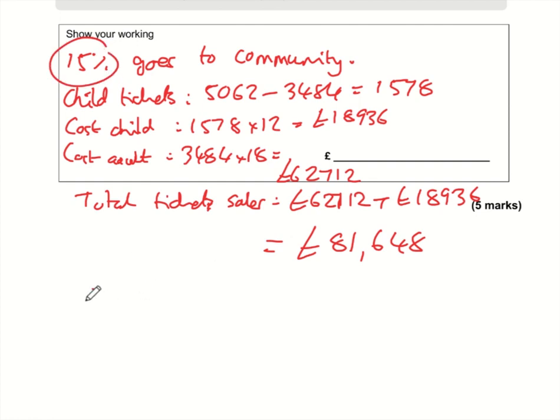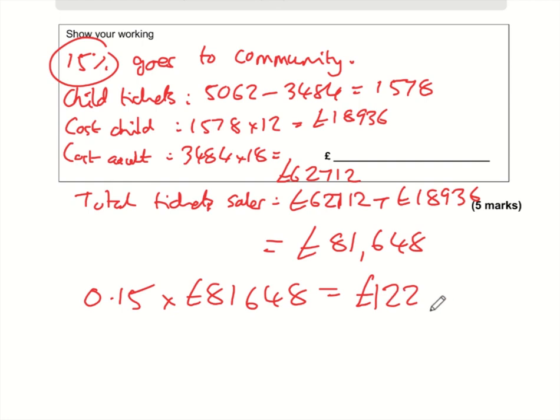The multiplier for 15% is 0.15. It's the decimal equivalent of 15%. It's 15 divided by 100, and 0.15 multiplied by 81648 is 12247.20. So there we go, £12,247 and 20 pence.